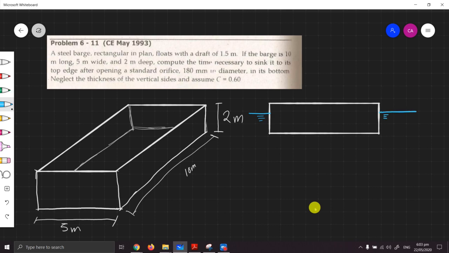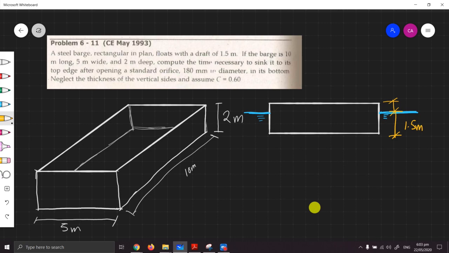Okay? So, yung draft ng water na yan, ibig sabihin ng draft, from sa top elevation ng water... Hindi pala, mali, baliktad. Mula dun sa ibabaw ng water, draft is 1.5 meters.